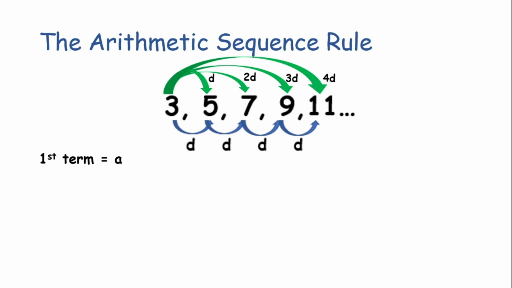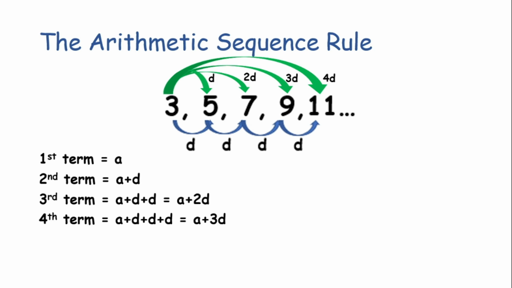So let's recap that. The first term is given as a. In this case, a is 3. Our second term can be calculated by taking the first term and adding the difference d. Our third term can be calculated by adding 2d to our first term.